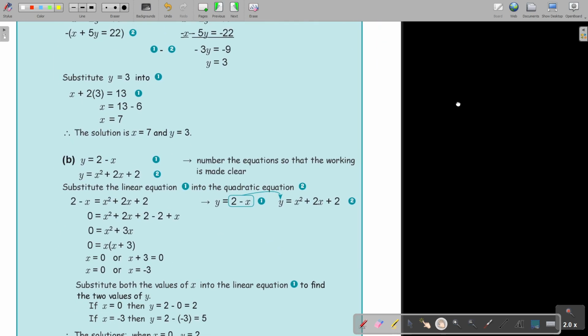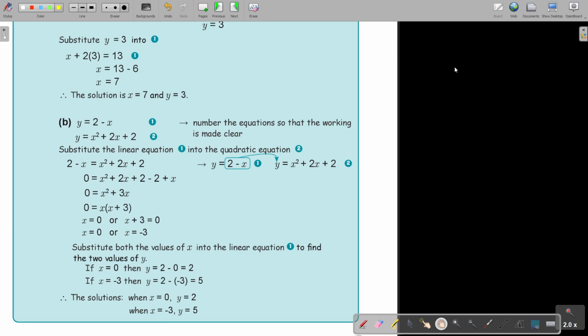Okay, so here are my equations. This is 1, 2. So number the equations so that the working makes sense. Substitute the linear equation into the quadratic. It's always very important that, for example, they can do this. They could have said y plus x equals 2. They could have made it a bit more challenging, starting like that.